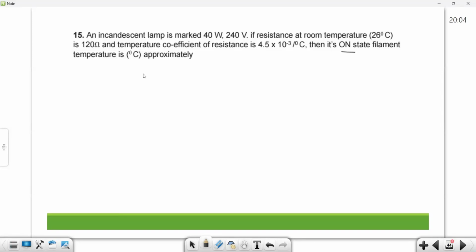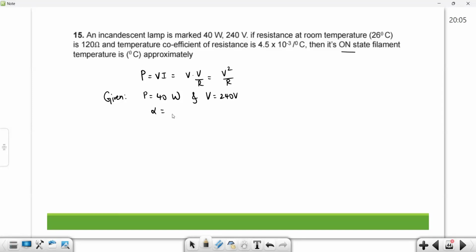You know P is equal to VI, and I is equal to V by R, so it will be equal to V square by R. Here it is given P is equal to 40 watts, and V is equal to 240 volts.